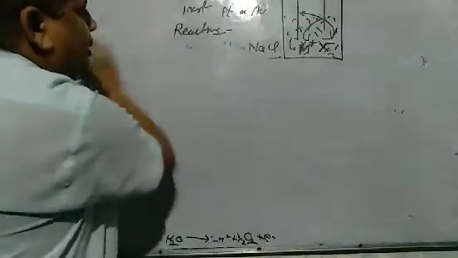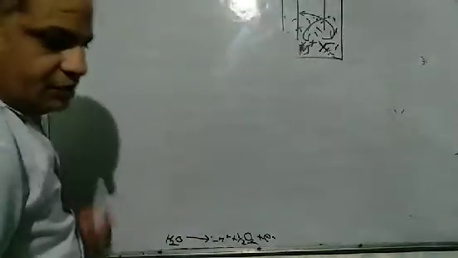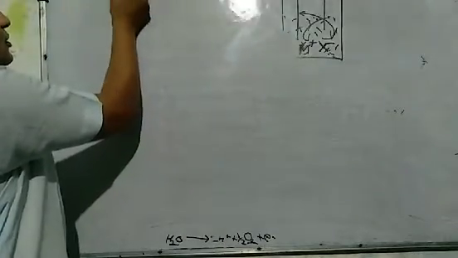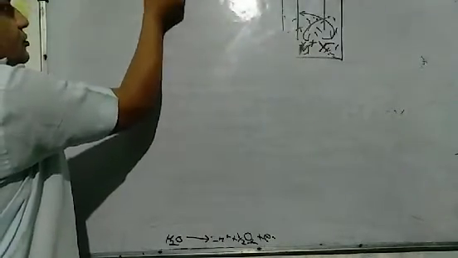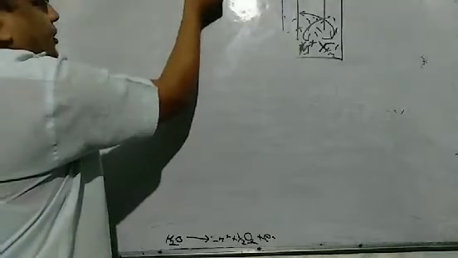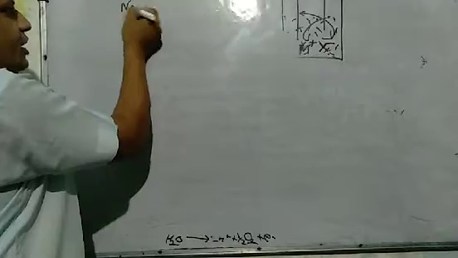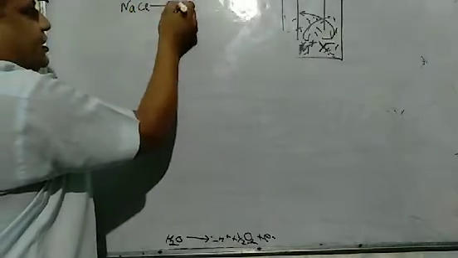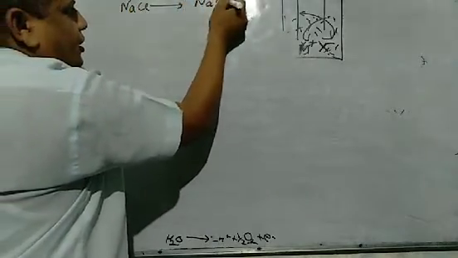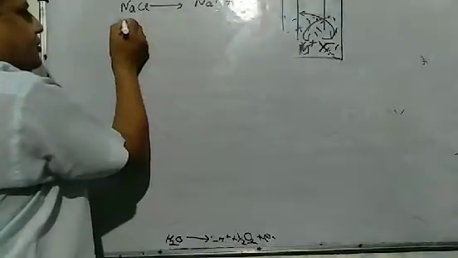Now, the electrolysis of aqueous solution of NaCl. During the electrolysis, NaCl dissociates into Na+ and Cl- ion.